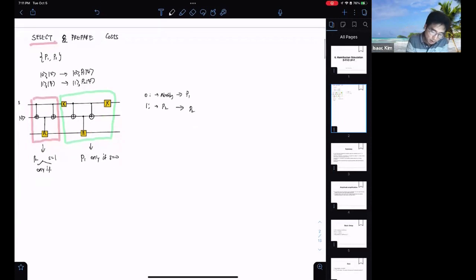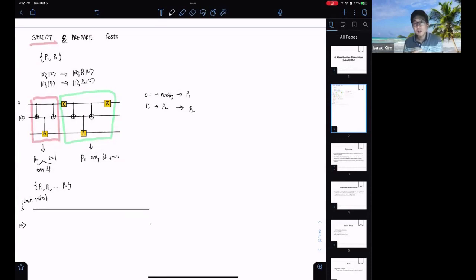So more generally, you have P1, P2, up to Pn. And in that case, things will look very similar. The only difference is really the size of this S register. You still have this S, and it will consist of log2 n qubits.